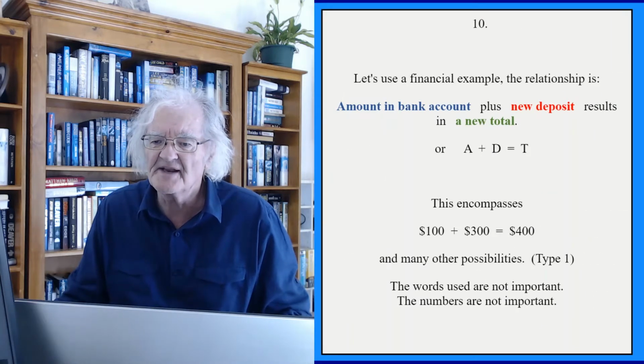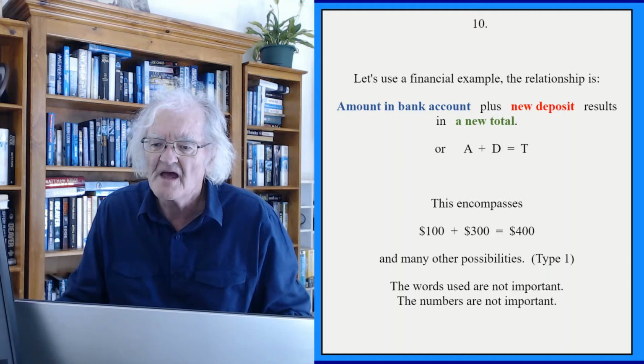Let's use a financial example. The relationship is going to be the amount in a bank account plus any new deposit results in a new total. Or A plus D gives T. The amount in the account, the change being the new deposit, and the result, the total we generate.